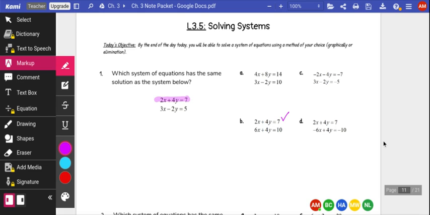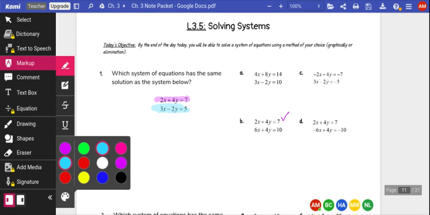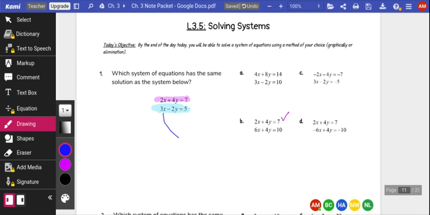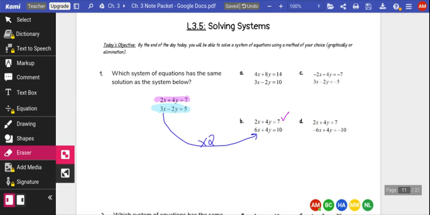I'm going to color this one blue. Looking at the blue equation, to get from 3x to 6x, it would have been multiplied by 2, right? Now let's make sure that all of the terms, not just the first term, were multiplied by 2. So let's check.